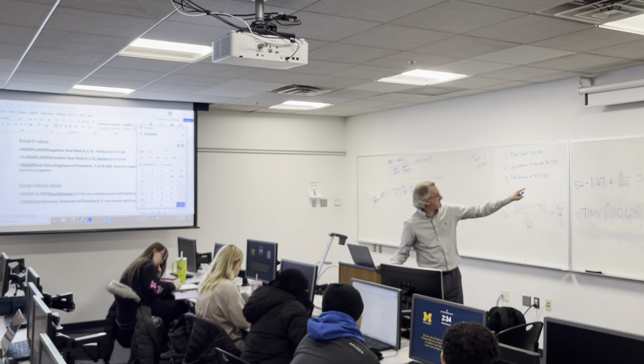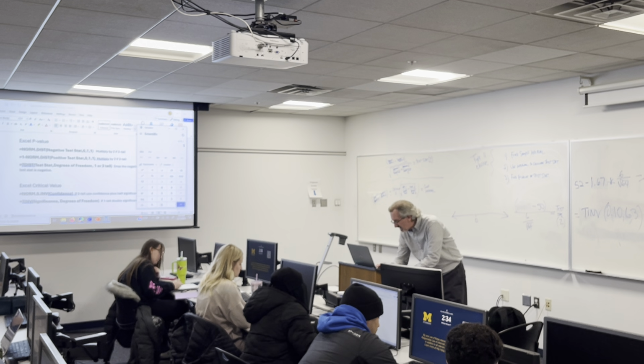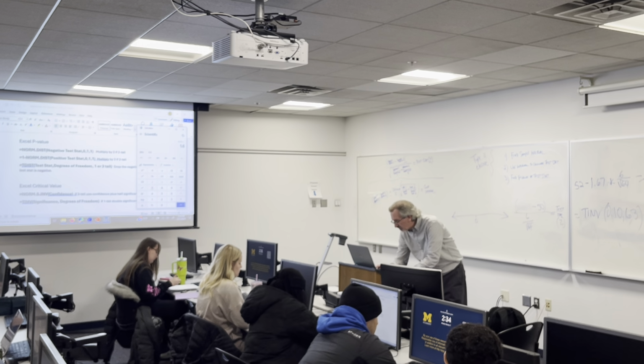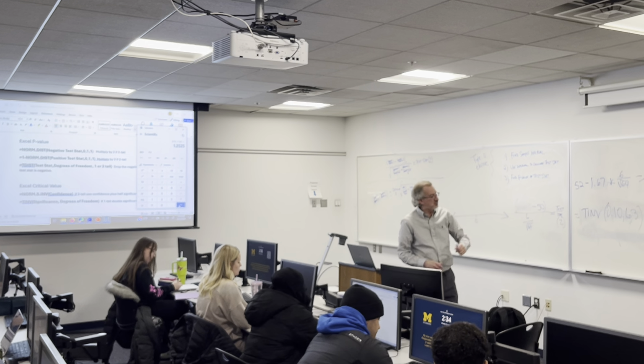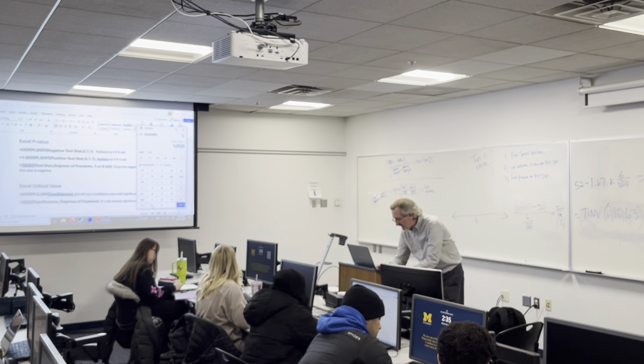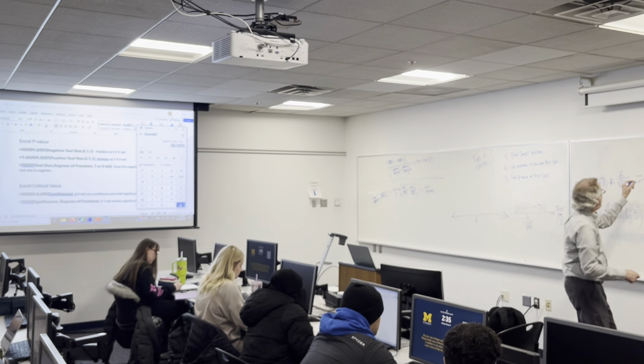Then we multiply that times 1.67. Our critical value gives us 1.2525, and now we subtract it from 52. So I make it a negative, add it to 52. Our lower interval is 50.7475.